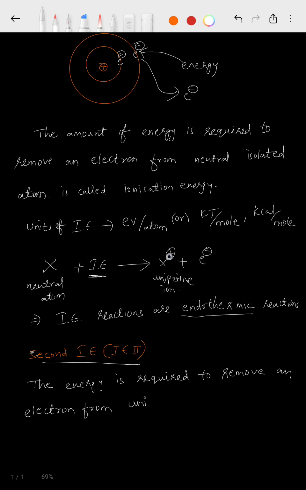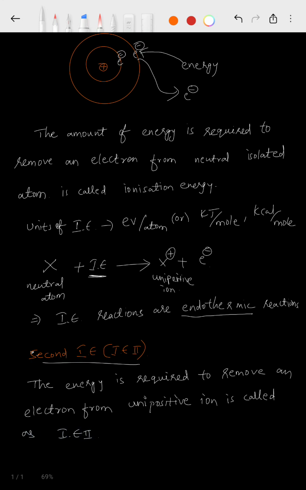Already here one unipositive ion is formed. So from that, if you remove one more electron, the energy required to remove an electron from the unipositive ion is called IE2.